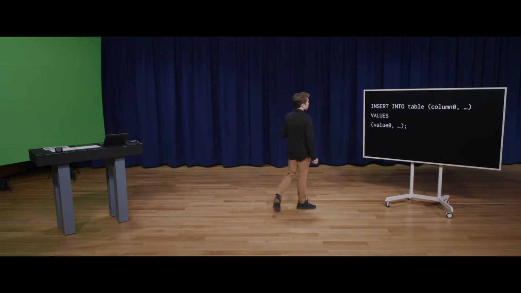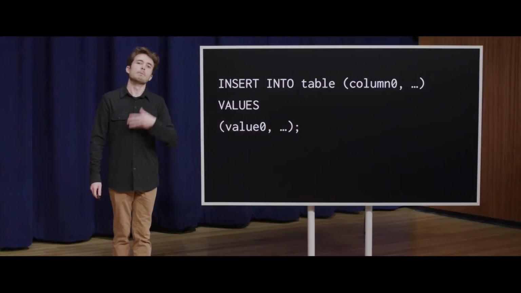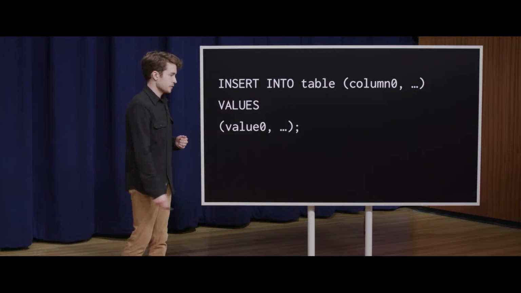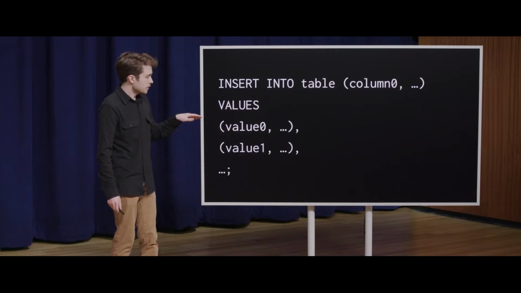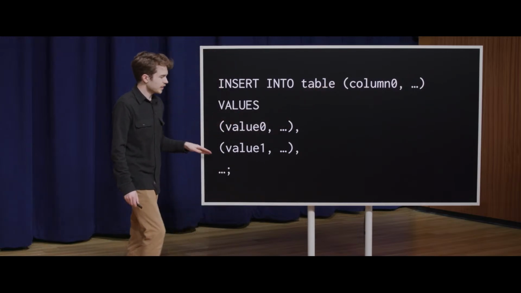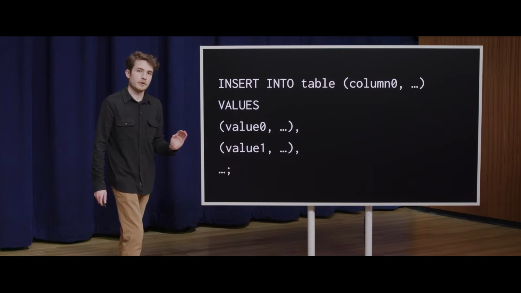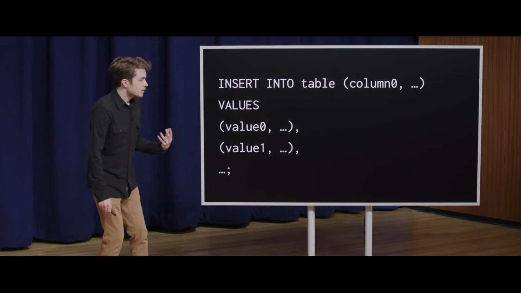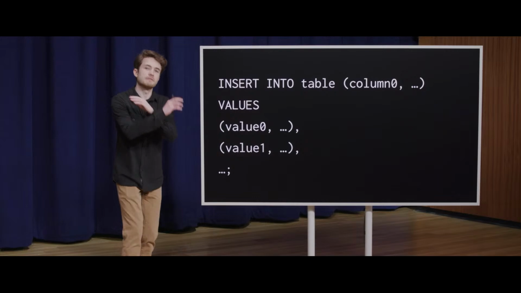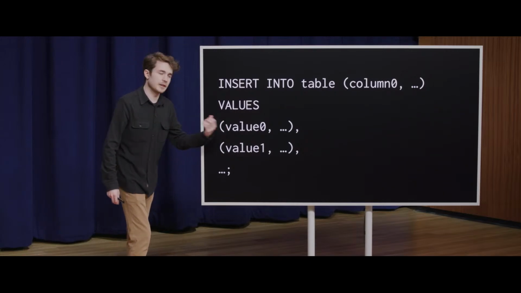One way is to, instead of inserting one row like this, insert multiple, separated by commas. So here, this is my first row for each of these columns. This is my second row, again, for each of these columns, and so on and so forth. And it's worth noting, this is not just a matter of convenience. If I tried to insert 100 rows, this is certainly convenient for me.